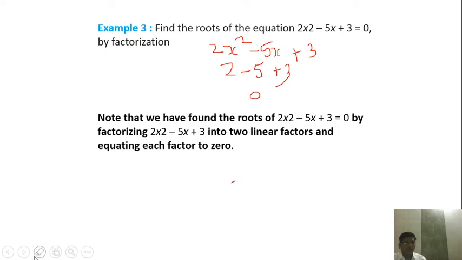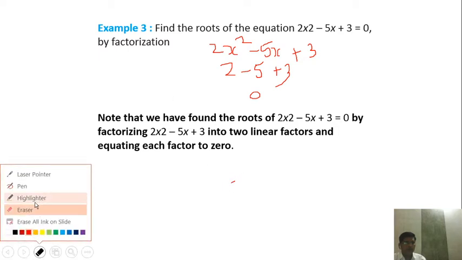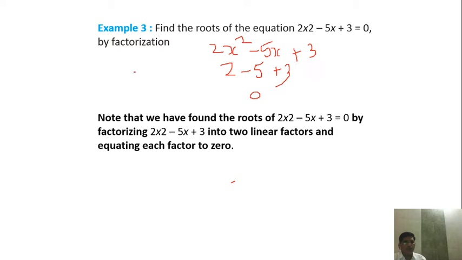So the two factors, first of all, are x minus 1 and 2x minus 3. We put x equal to 1. Now we have to put x is equal to 3 by 2.